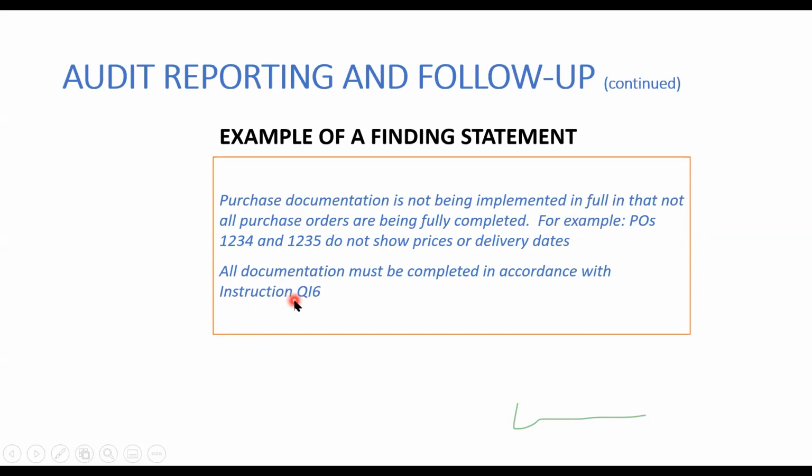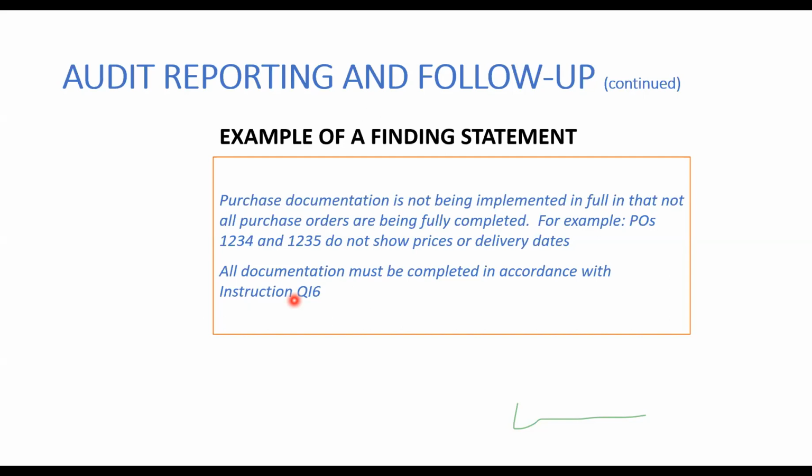But always consider that this sequence itself is not mandatory to follow. The sequence could be different. For example, you can start your finding statement like: all documentation, as required by procedure work instruction Q16, should be complete, should have the pricing and the delivery dates available. You can start with this statement, no problem.